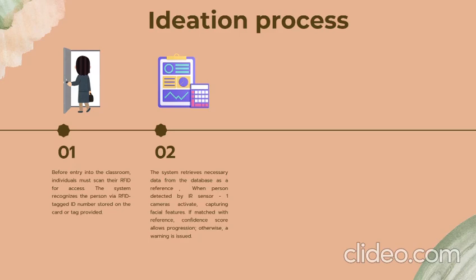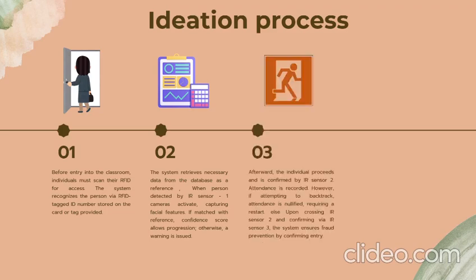Then IR sensor 1 will activate, and the facial features will be calculated by facial recognition. If matched, the person can move forward to IR sensor 2, which increments the total head count of the present room.